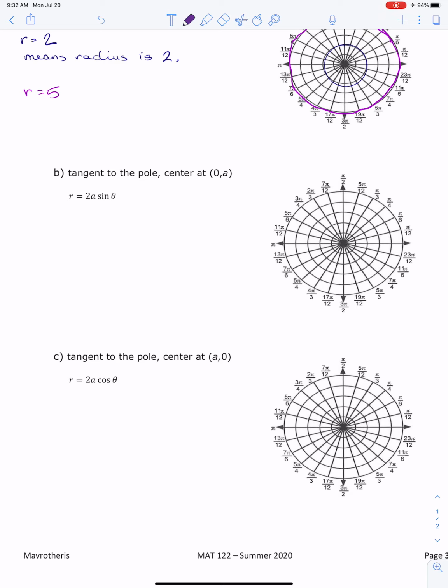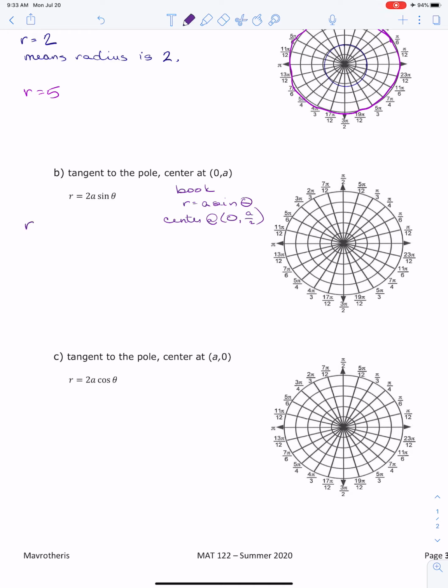I think the book has it as R equals A sine theta, where the center is at 0, A over 2, which means the exact same thing. I've always liked this version better. It seems a little easier for me to remember.